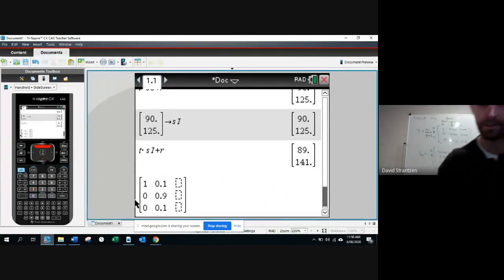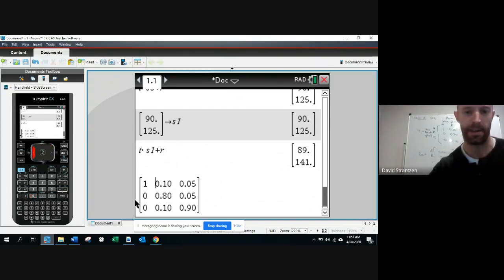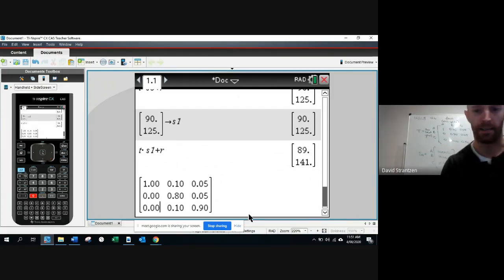Oh, sorry, that doesn't add up to 1, 0.8. And 0.05, 0.05 and 0.9. There we go. So I can put these to 2 decimal places, but we know the calculator is going to change it back anyway.